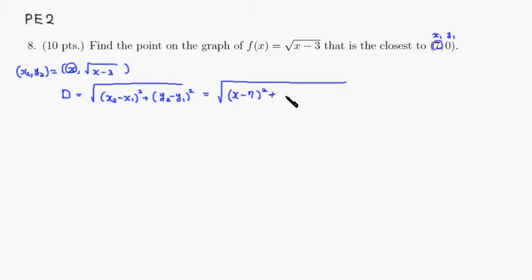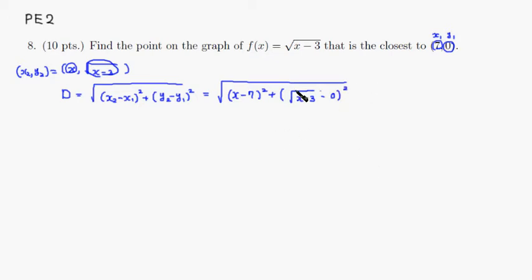Plus y2, which is square root of x minus 3, minus y1, which is 0, squared.